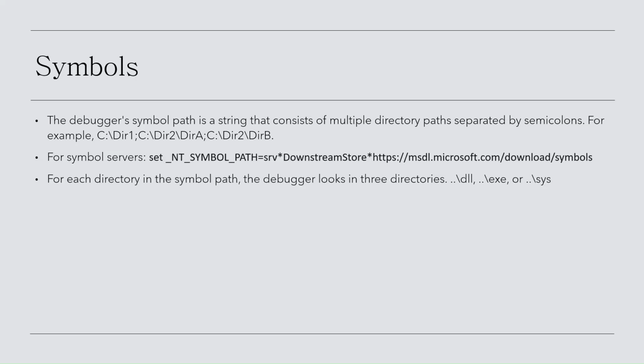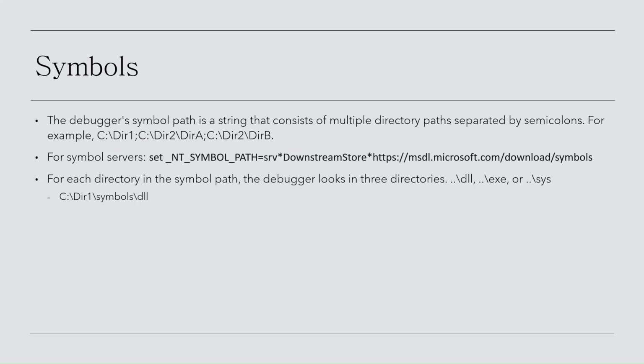If you set a directory like in point one, it will not only look into that directory for the symbol, it will also look into some subdirectories, as you can see. It will go to your directory and then DLL or exe or sys. For example, if you set the path to cdir1, it will first look into cdir1 for that particular symbol.